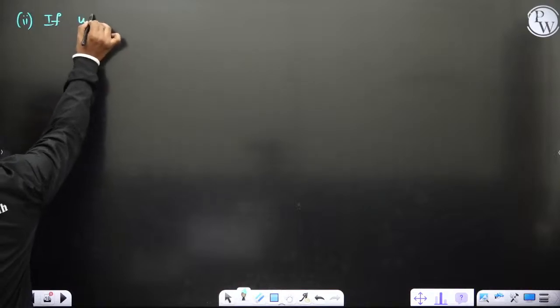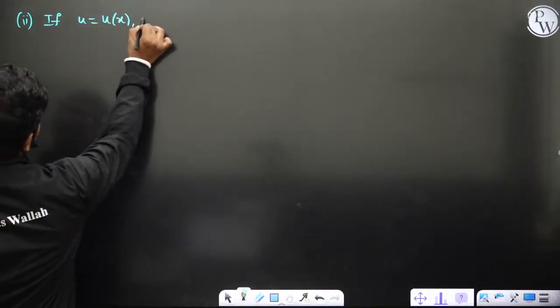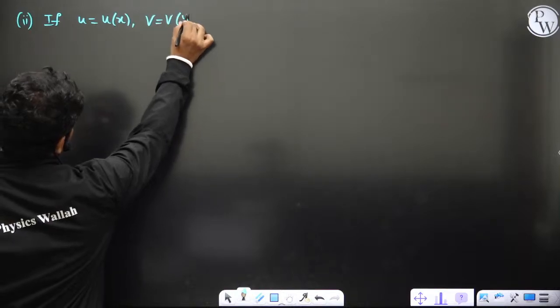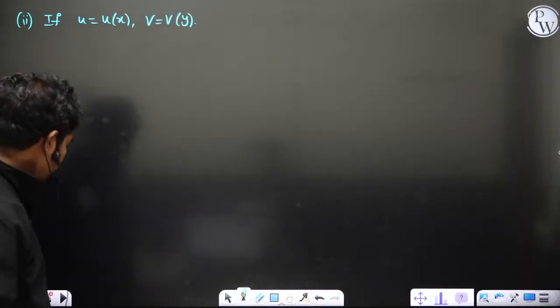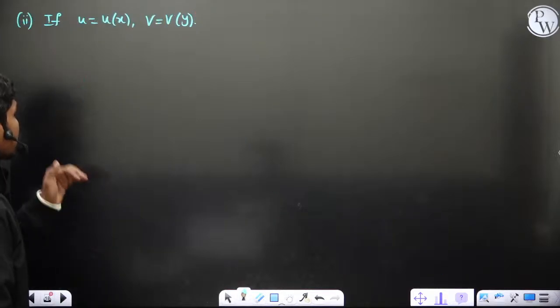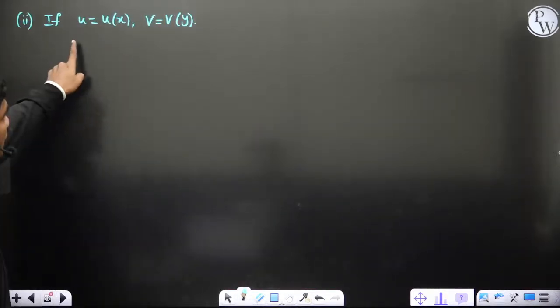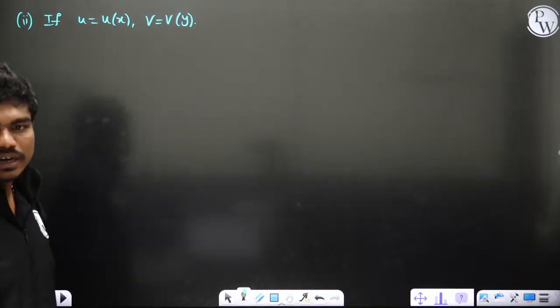Suppose u is equal to u of x and v depends only on y, for example. In general, this can be a function of x comma y, and this also can be a function of x comma y, but right now we are taking a simple case for understanding, that u is a function of x and v is only a function of y.